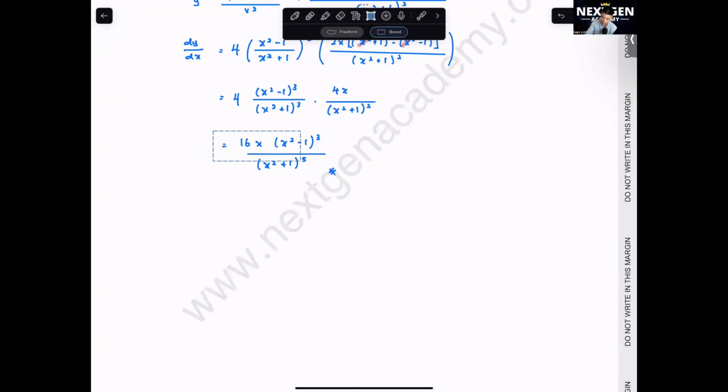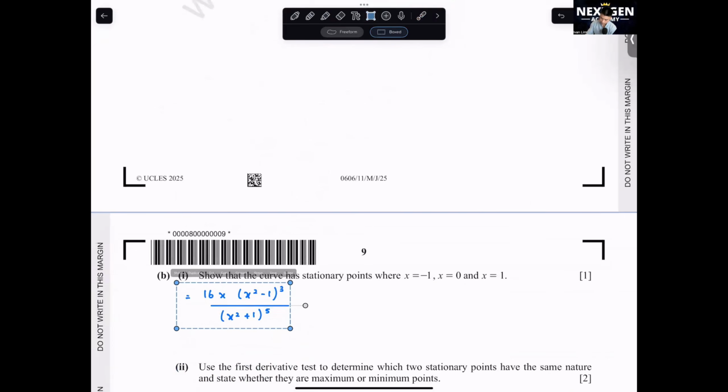What is the dy over dx? This one is dy over dx. When we want to solve for stationary points, it means dy over dx equals 0. We only take the top part. You just take your numerator equals 0 and then solve this.